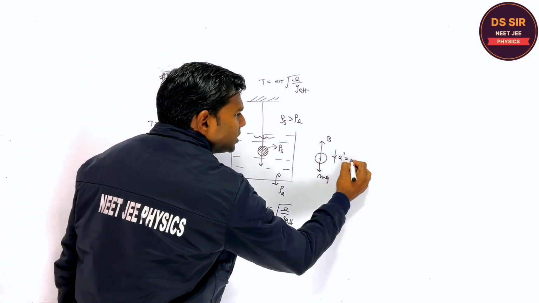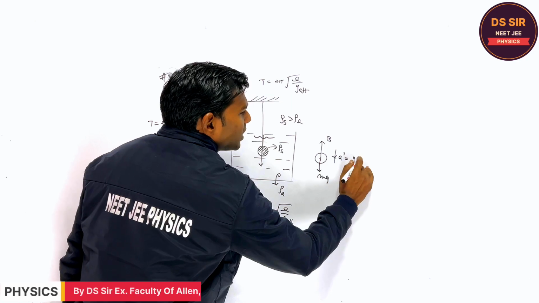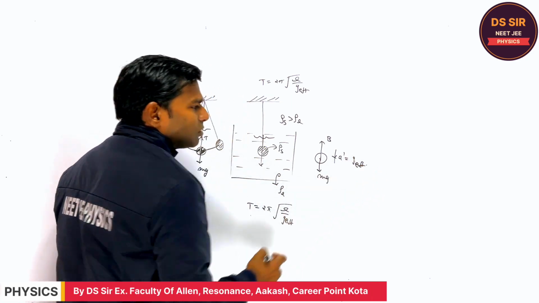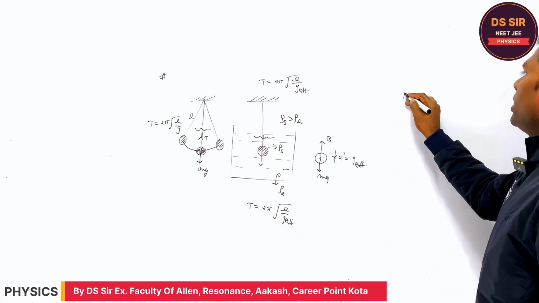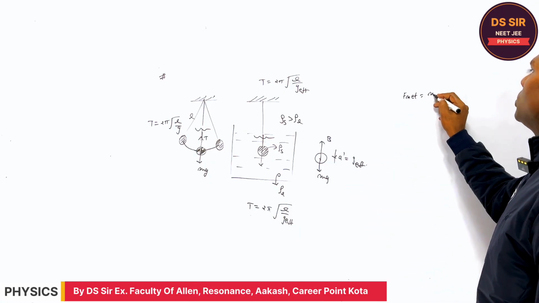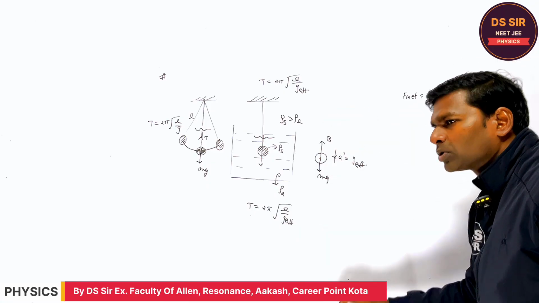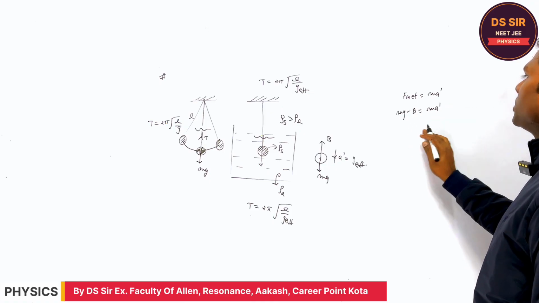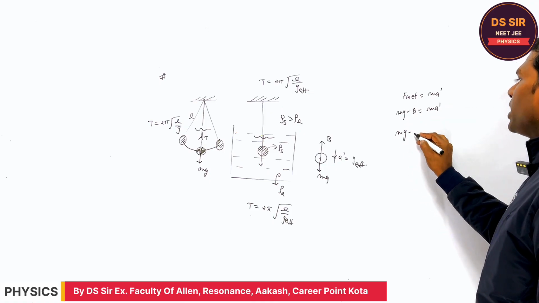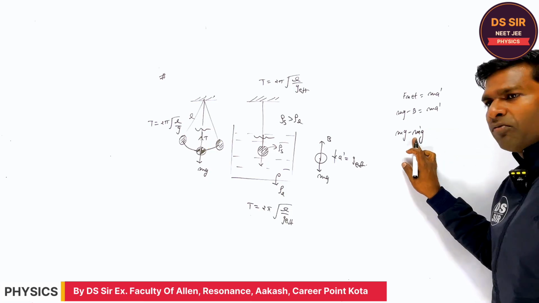So this a dash is nothing but the g effective we will consider. Are you getting or not? So here, to find the g effective, I will apply net force is equal to m into a dash. What is the net force? You will say mg minus buoyant force is equal to m a dash. What is the buoyant force? You will tell, this is the weight of the liquid displaced.